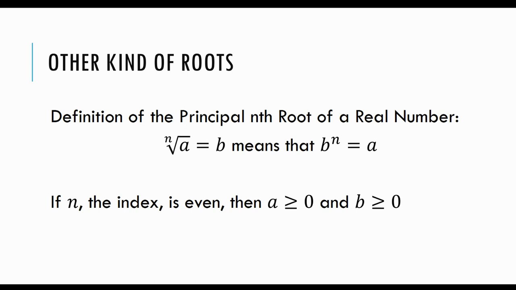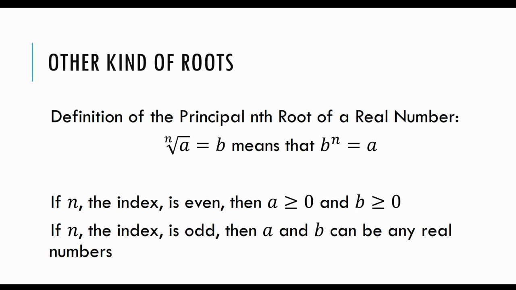So whatever the index is, if it's an even number, then our answer has to be greater than or equal to 0. If our index is odd, then a and b can be any real numbers. You can have negative numbers underneath a radical if its index is odd. So the only time we never want a negative number underneath our radical is if the index is even.